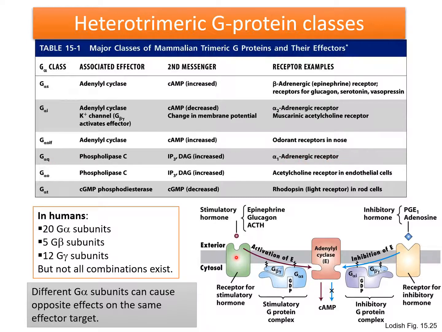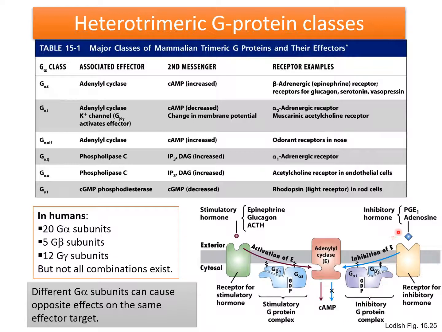So you can see here down in this picture at the bottom again, we have G alpha S and G alpha I. If we have GTP here and G alpha S by itself and it binds to adenylyl cyclase, we're going to activate the cyclic AMP pathway.